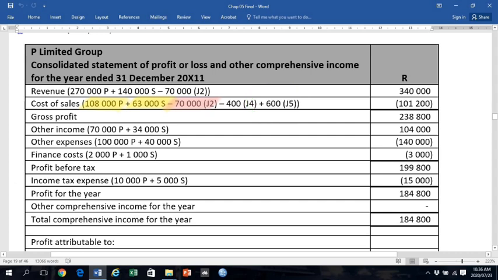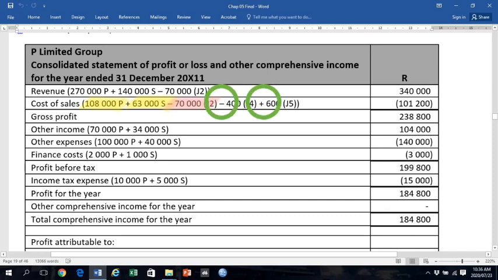So in this example, you can now clearly see on the cost of sales line item the effect of the consolidation journal entries. Please make very sure in a question and homework questions and any examples that you practice that you pay specific attention to your signs.